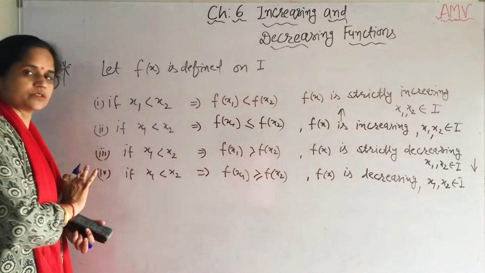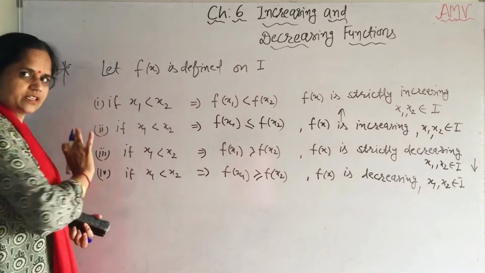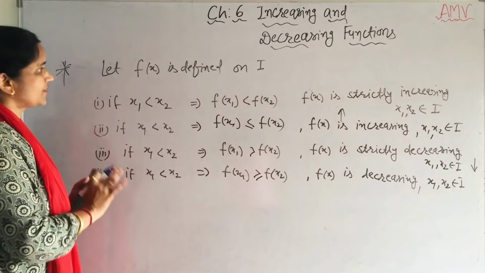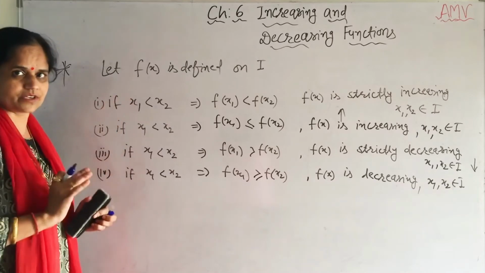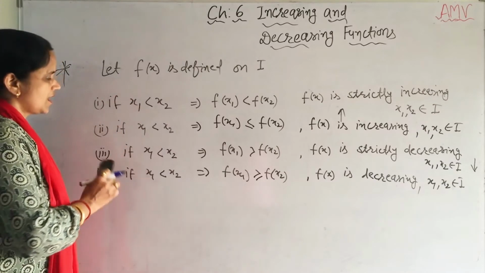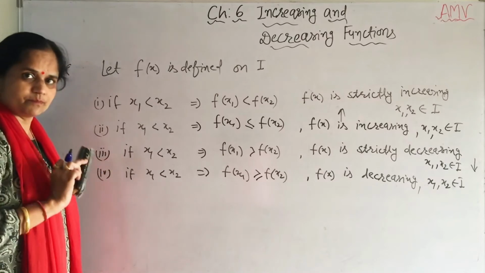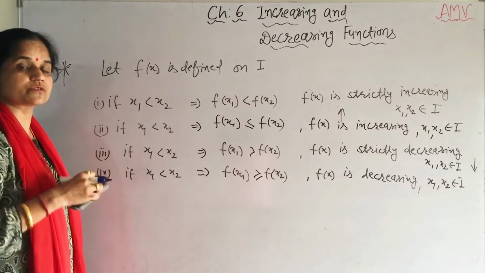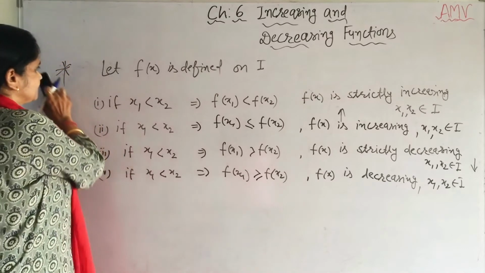Okay, students, so keep these points in mind to find the nature of a function. And now I am going to explain some points which we will use to solve the questions.